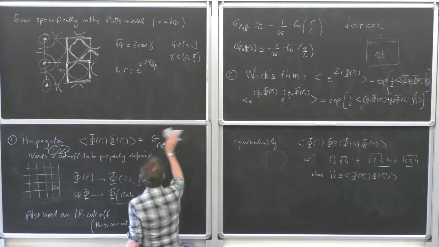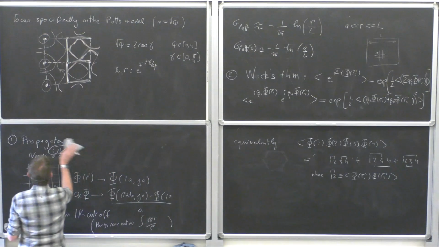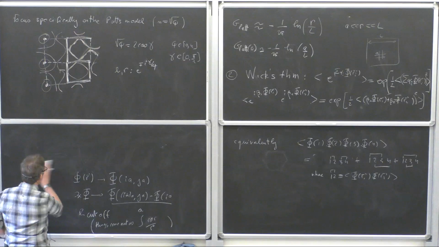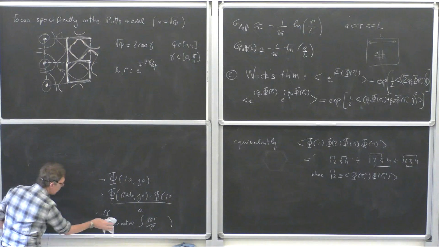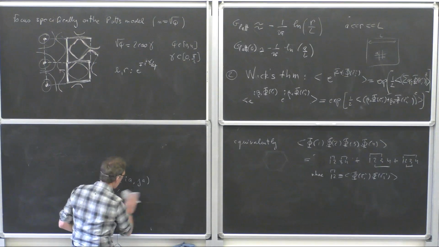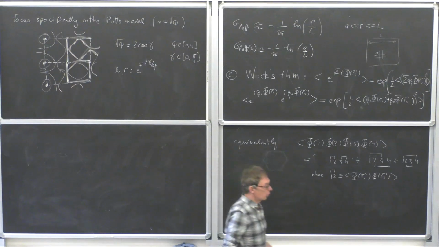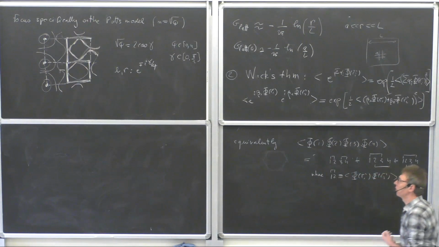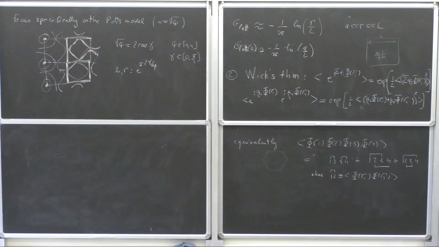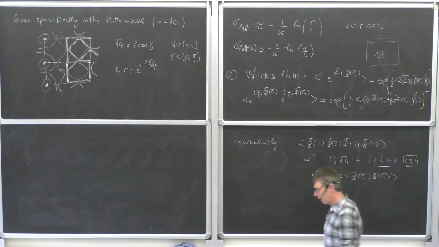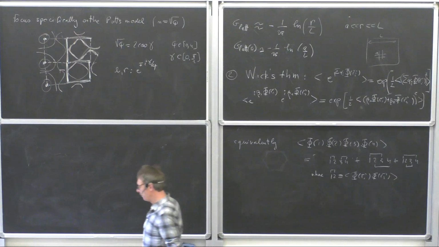All right, so let's now observe that this average of phi of R1, phi of R2 is not particularly nice because it's a logarithm. Remember, we didn't want logarithms, we wanted power laws. I started these lectures by saying the correlation functions decay as power laws. So luckily, we can get power laws if we look at exponentials of the field.